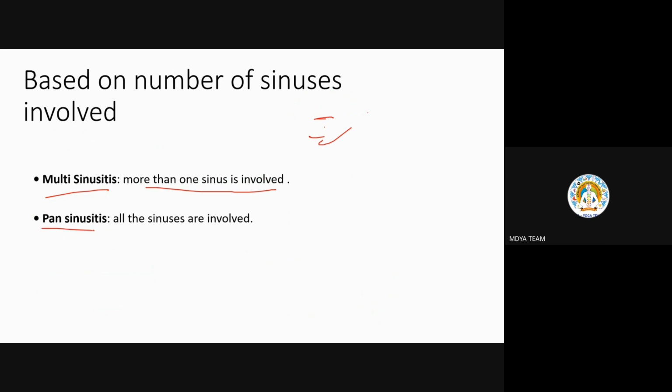Then pan sinusitis: all the sinuses are involved together. This is a very severe condition. We saw in the beginning that there are four pairs, meaning eight individual sinuses. When all four pairs are involved together, the condition is called pan sinusitis.